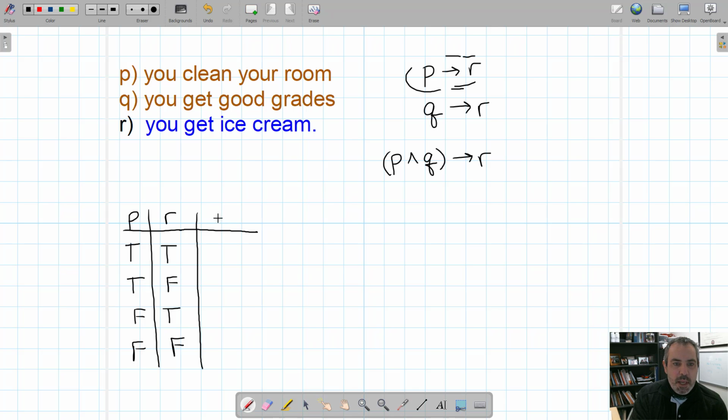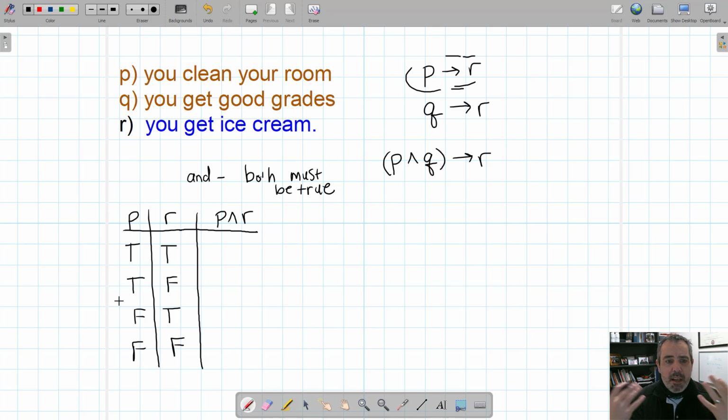Now, when we are taking a look at truth tables, it allows us to make logical conclusions with those two letters. So for example, I might say P and R. And that means they both must be true. If they are not both true, this whole statement is false. So basically think about the observation.